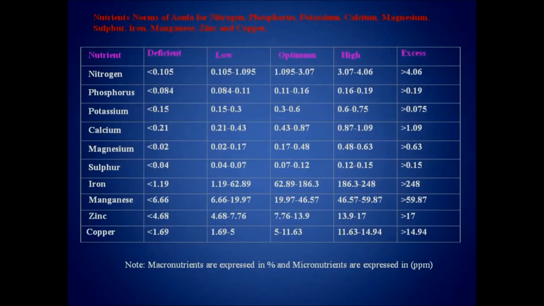These nutrients are classified into 5 major categories. The middle one is optimum, the right side high and excess, and the left side low and deficient. These nutrients are classified based on standard deviation.